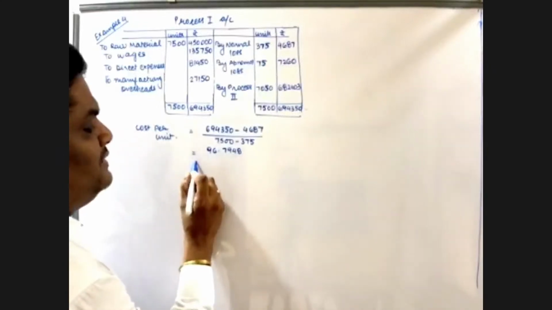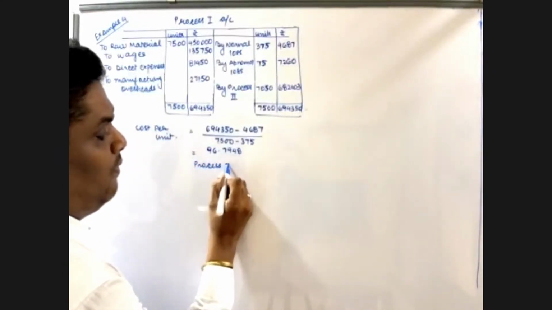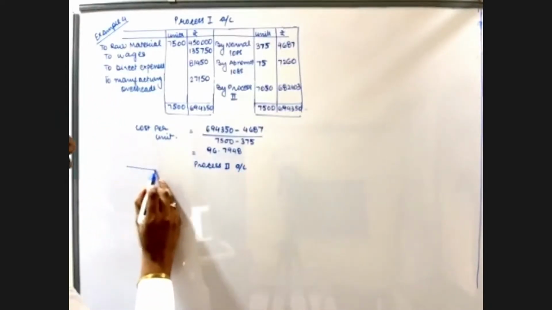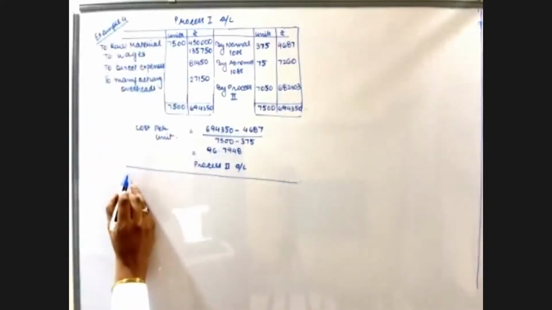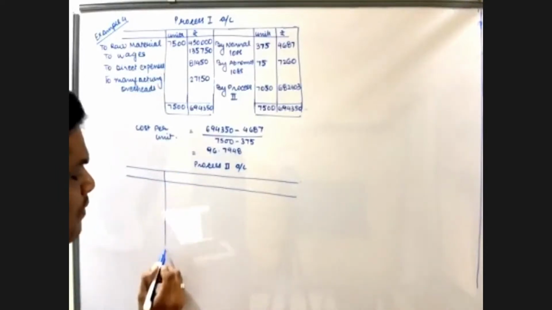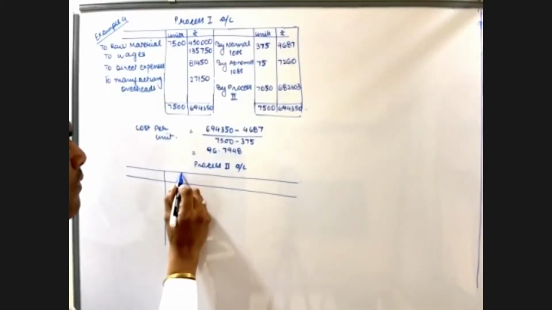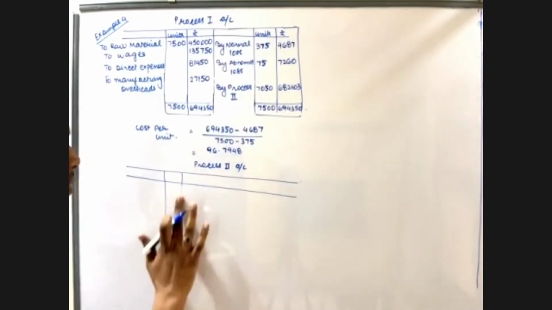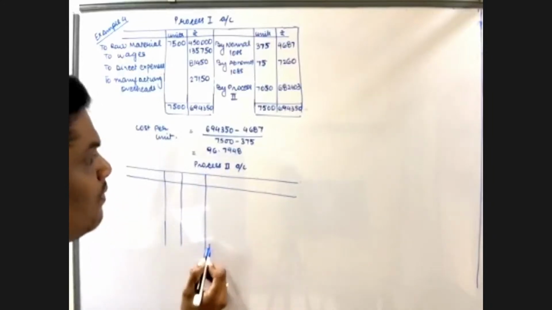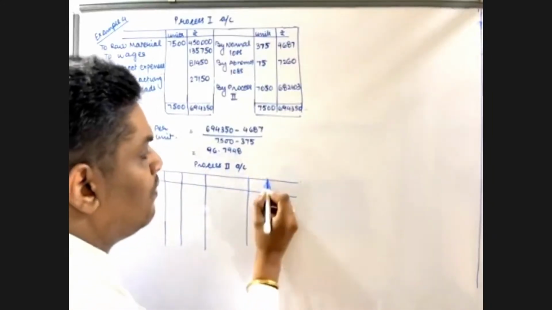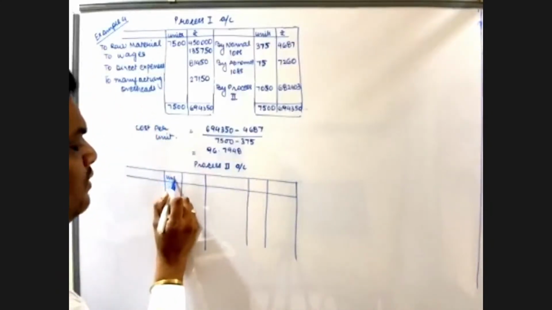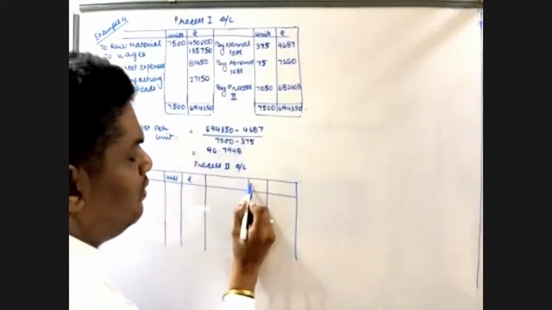Now let's prepare process second account. Again, units, amount.